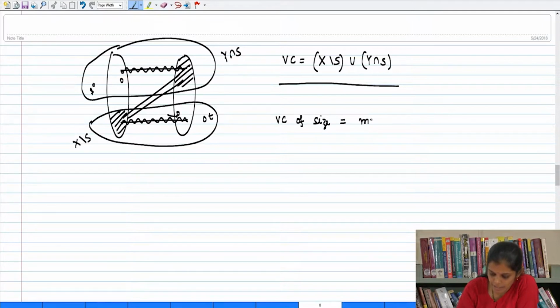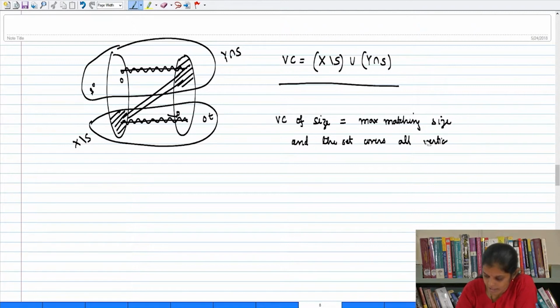equal to the maximum matching size, and the set covers all vertices or all edges in the bipartite graph.